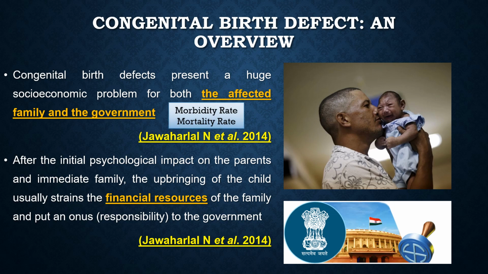The initial psychological impact on the parents and immediate family also affects the upbringing of the child, putting strains on the financial resources. It takes a lot more expenses while treating a child having a congenital birth defect.